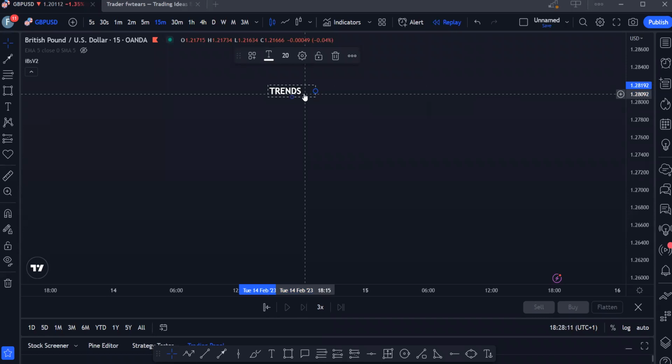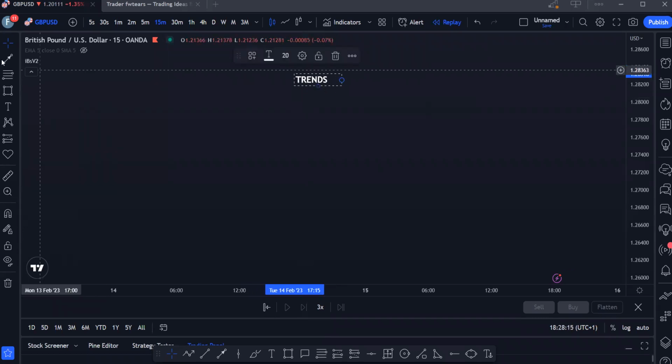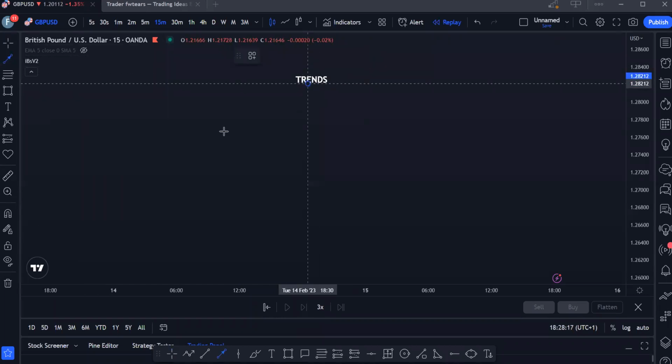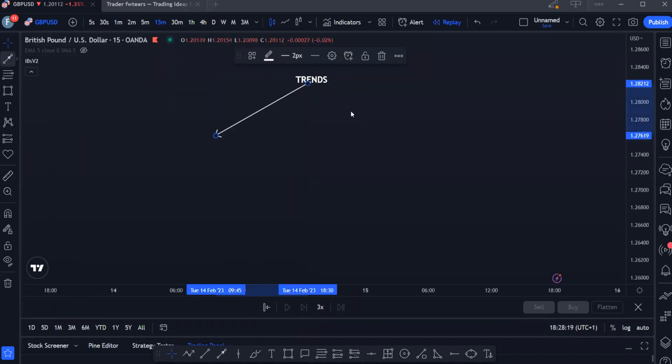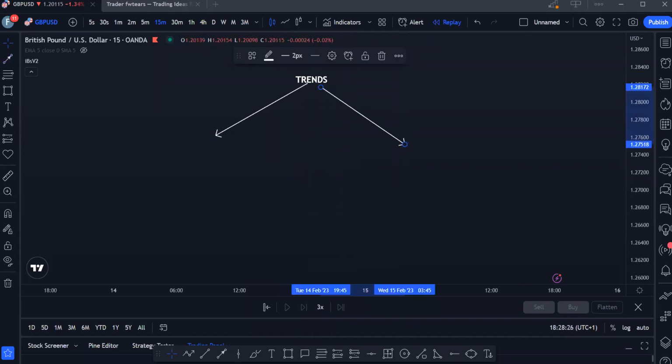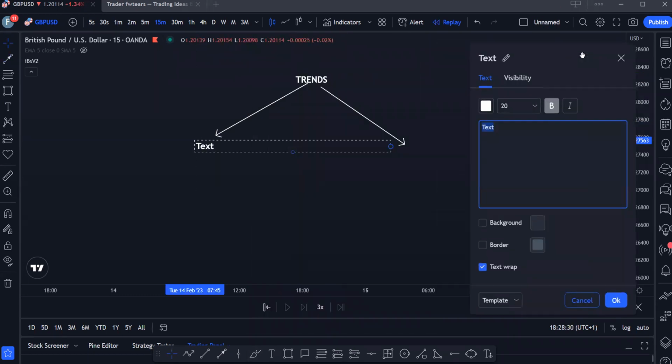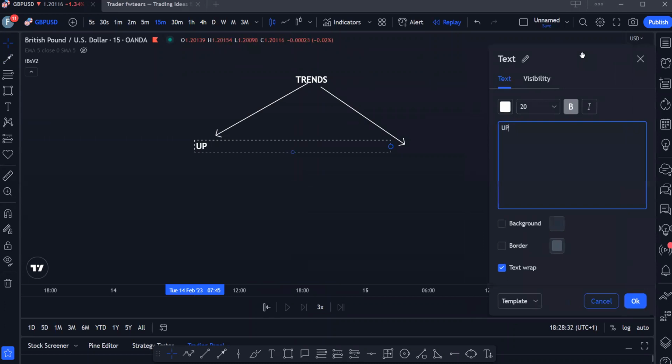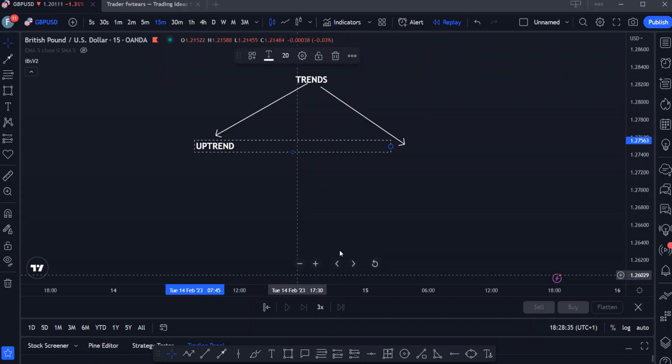We have two types of trends in the Forex market: the uptrend and the downtrend.